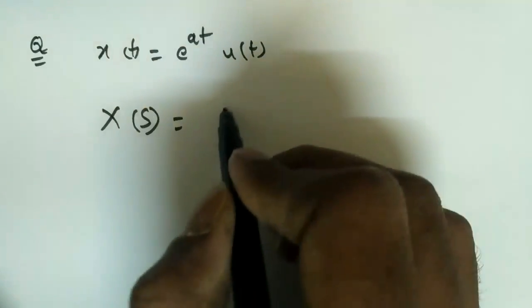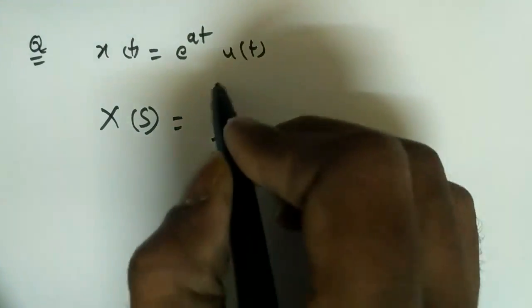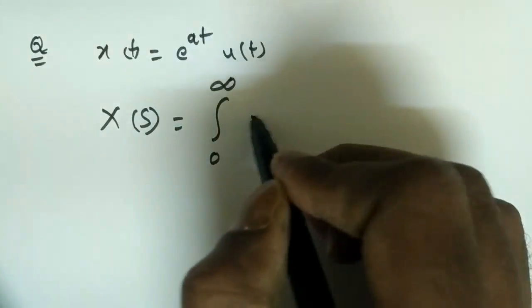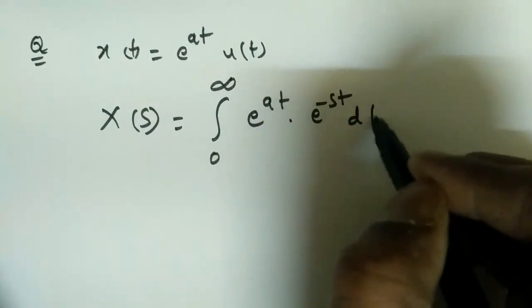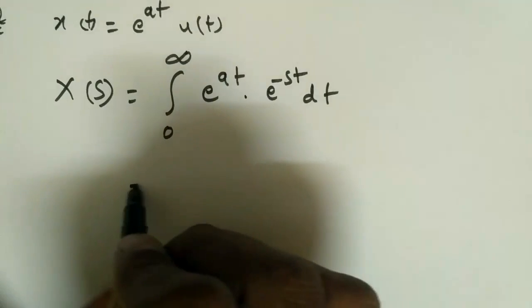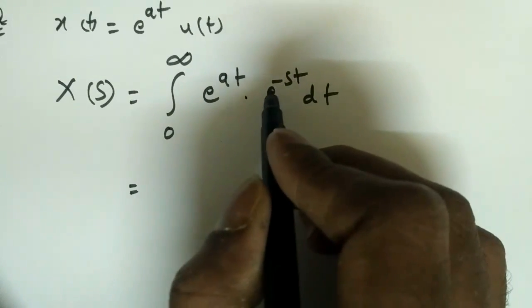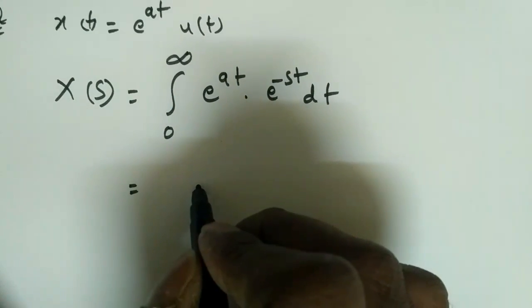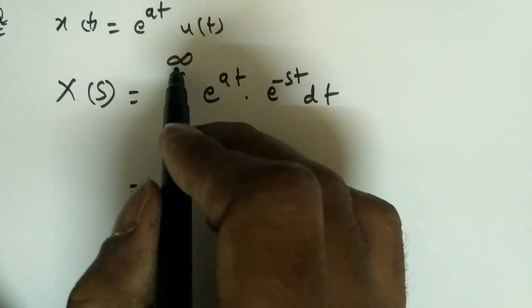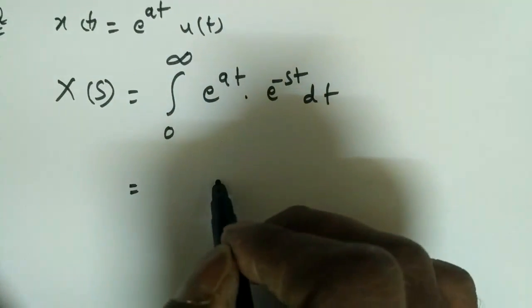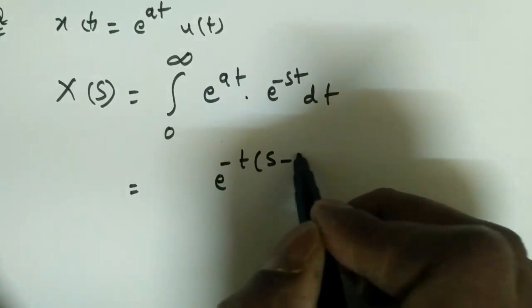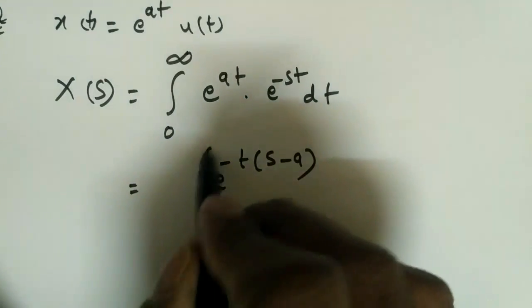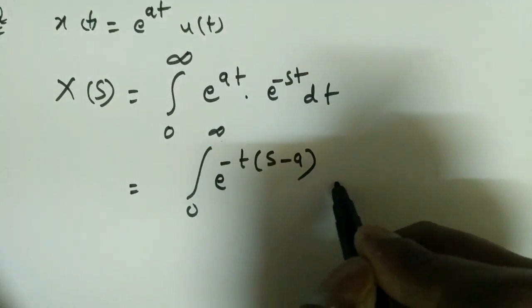X of s is equal to the integral from 0 to infinity, since u of t, of e power at into e power minus st dt. Taking t common, e power minus s plus a. Since we need infinity here, we take e power minus t common, so it becomes s minus a, right? So the integration is like this, dt.